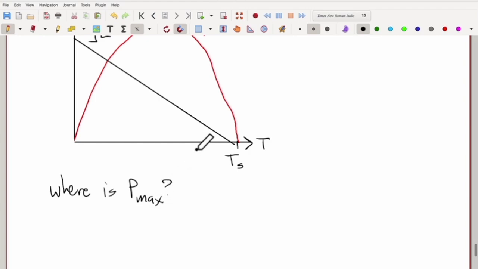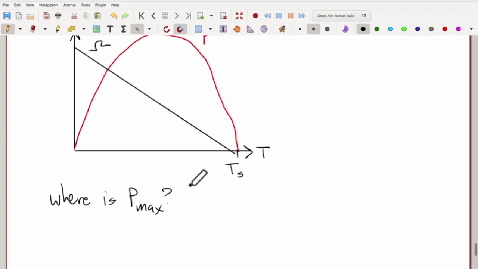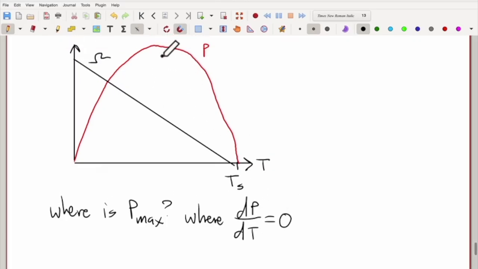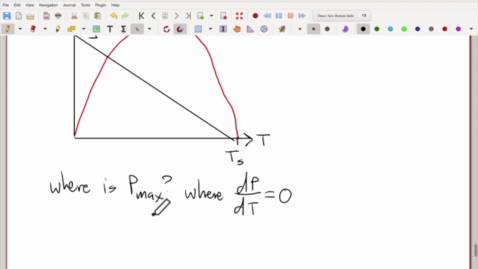Where is P max? P max happens when the derivative dP/dT equals 0. When the derivative is 0, that's going to be the peak here.